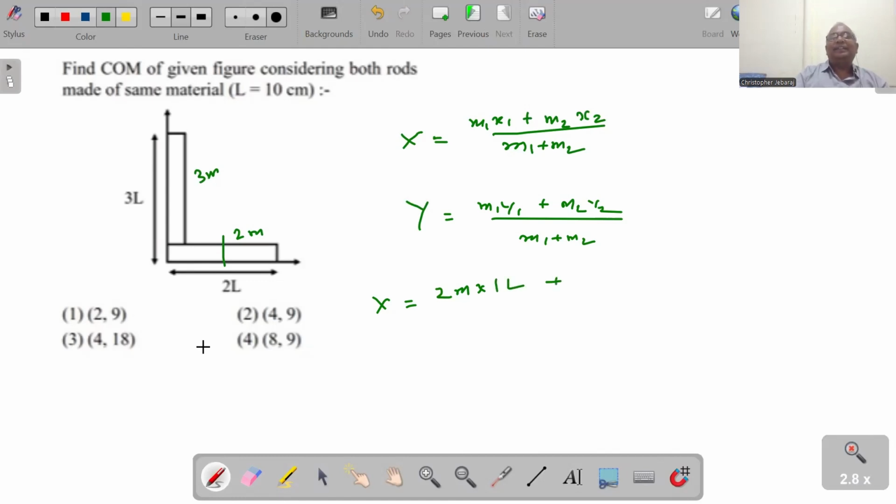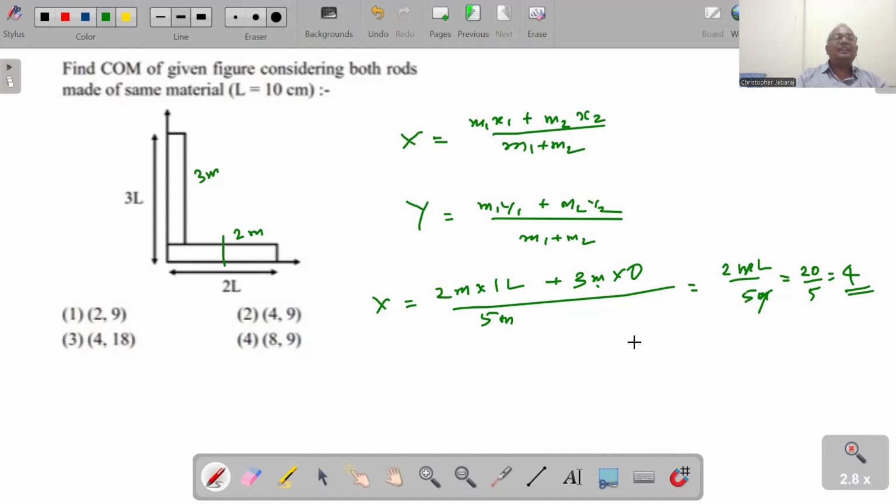Plus m2, 3m, but on the x-axis it is 0, by total mass 2m plus 3m, 5m. So what you will get is 2m L by 5m, m gets cancelled. L is given as 10 centimeter, 2 into 10, 20 by 5, which is 4. The same as in the previous sum. So here the answer is 4 and 9.